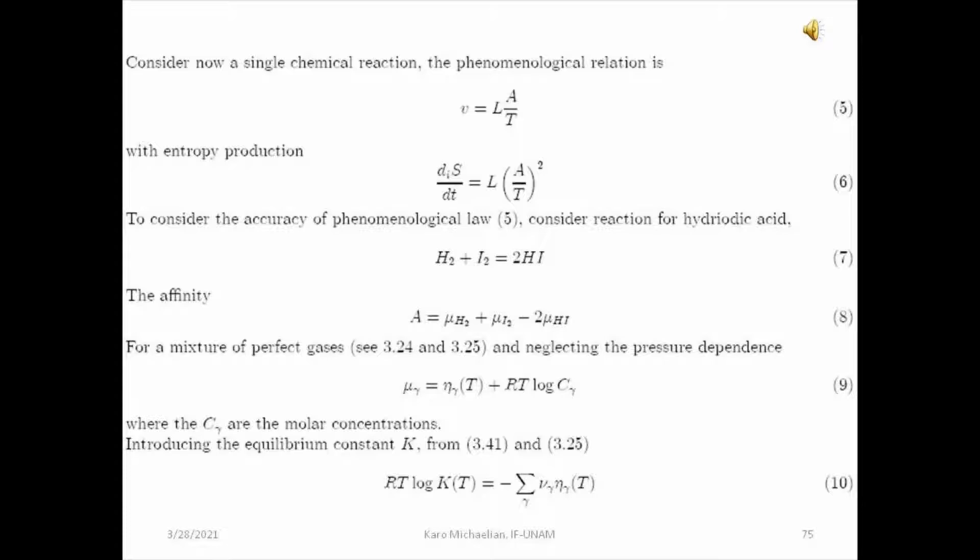Now remember that the chemical potential for an ideal mixture, or a mixture of perfect gases, is given by equation 3.24 or equation 3.25.